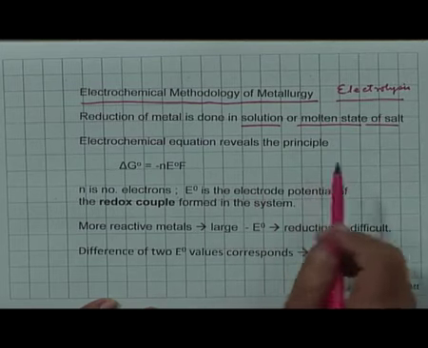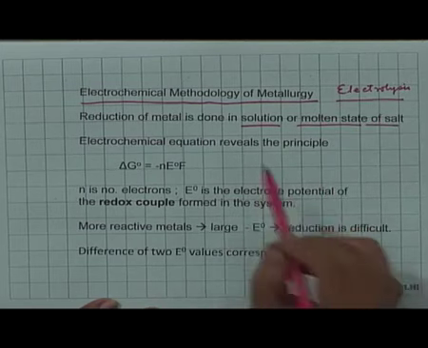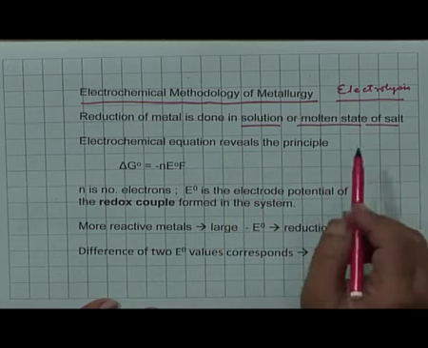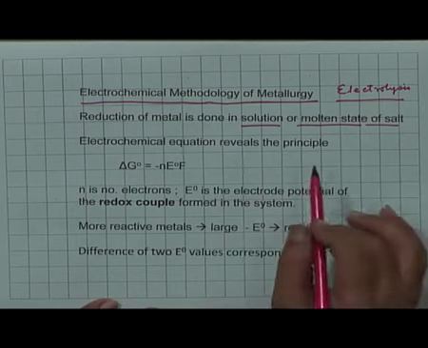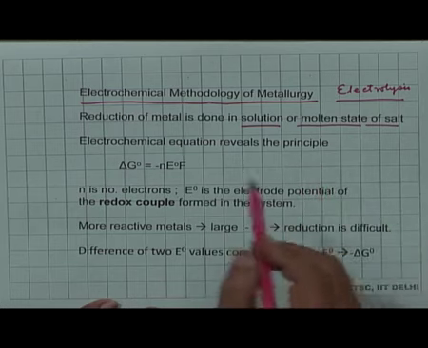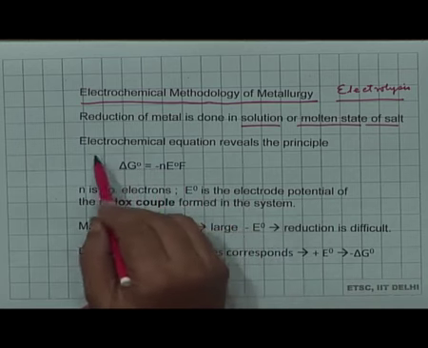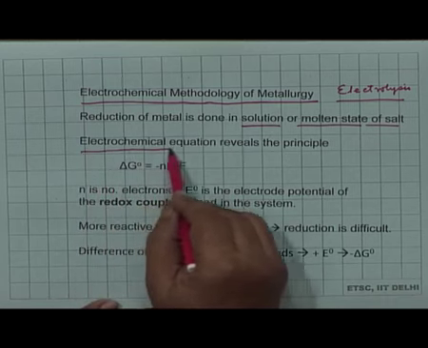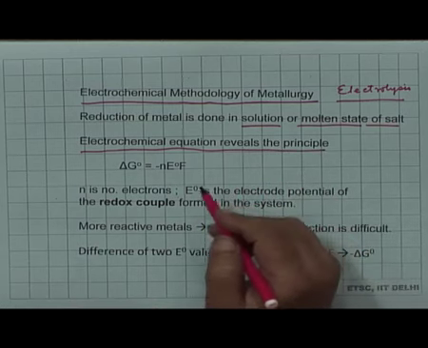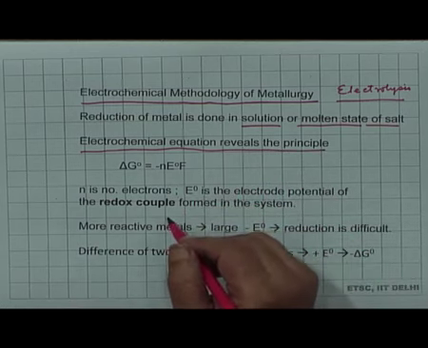Electrolysis is carried out in solution or in molten state, and reduction is done by electrons. Obviously, for this kind of reduction you have to use the relationship between delta G and electrode potential.